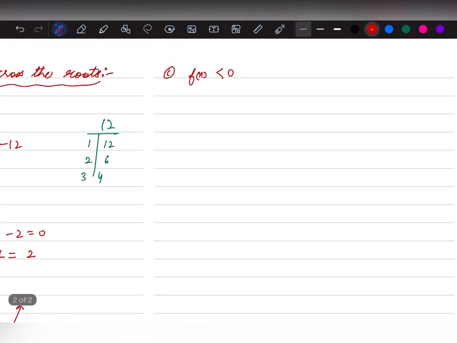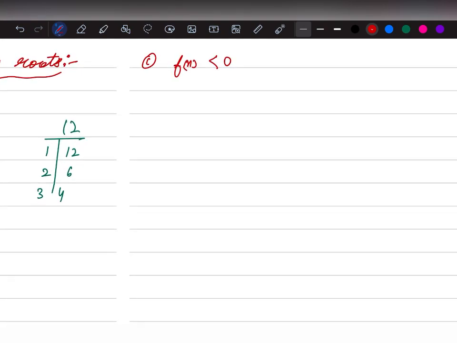So when x is between negative 6 and 2, we will say x belongs to negative 6 to 2, for all these values of x, f of x is less than 0.